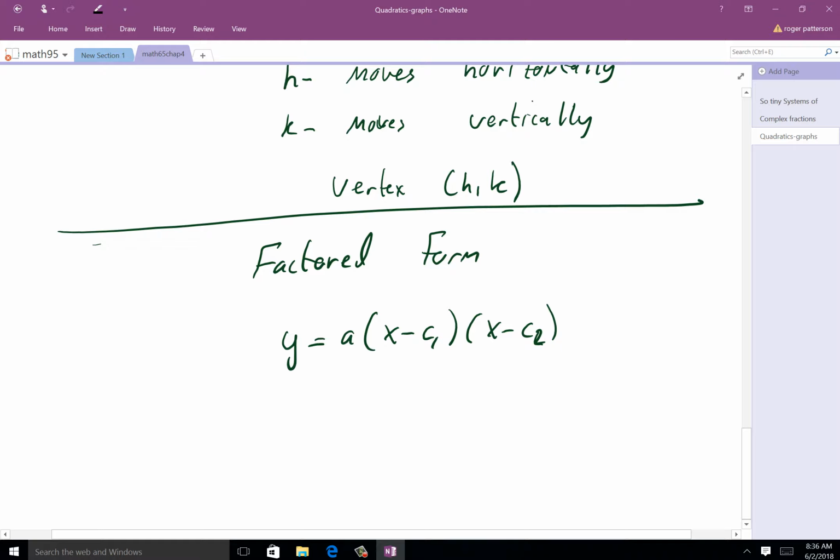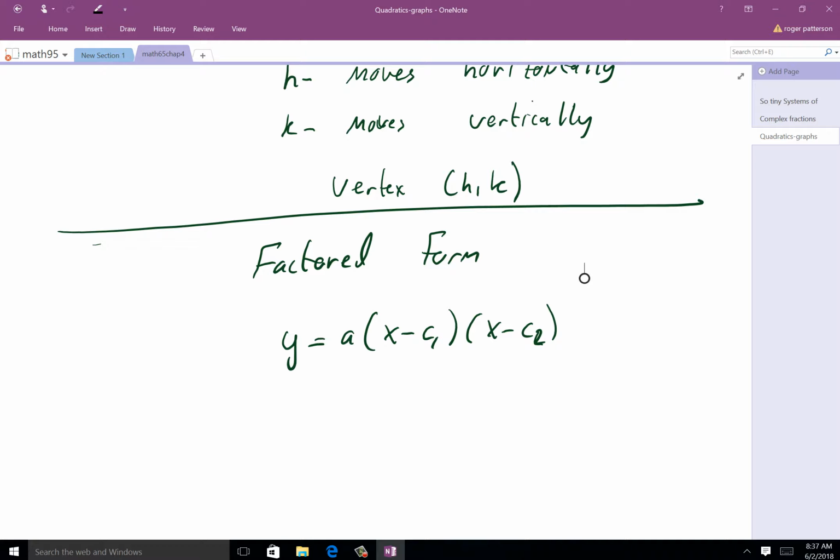So, y equals a, parentheses, x minus c1, and parentheses, x minus c2.